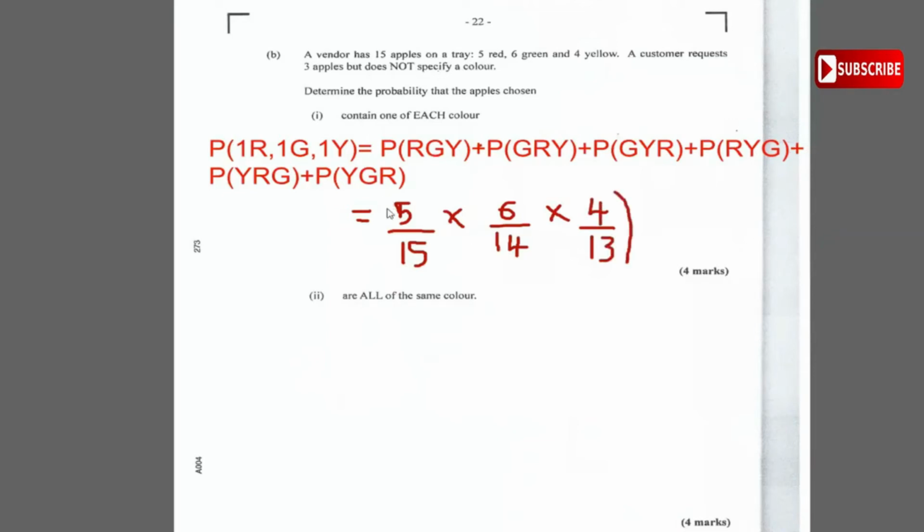Now all of this we multiply by 6, since there are 6 orderings. So 5 out of 15 times 6 out of 14 times 4 out of 13 multiplied by 6. That's 24 over 91.